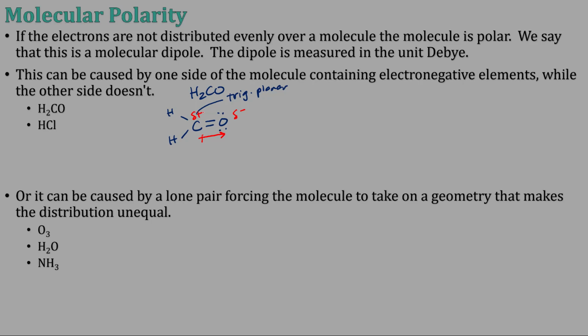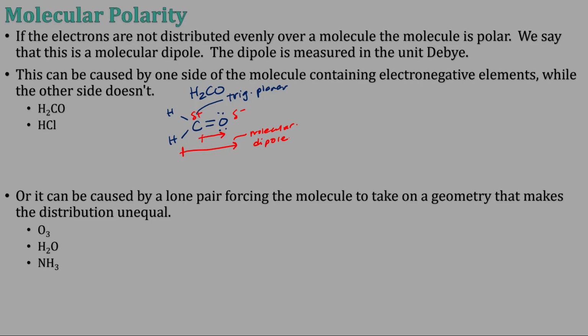All right, and carbon and hydrogen have very similar electronegativities. Carbon is a little bit more electronegative, but we still consider bonds between carbon and hydrogen to be non-polar bonds. So overall, we have the electron density being pulled towards oxygen, and so this is the molecule's dipole. And so it would be a polar molecule towards oxygen.